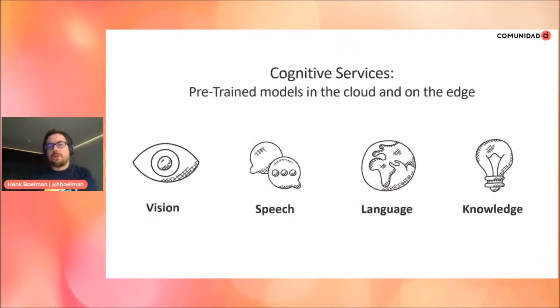So, cognitive services. I already touched a little bit on them, but they are pre-trained models in the cloud and on the edge, meaning that you can create an endpoint in Azure and send your data through that. But for some scenarios, you don't want to do that and want to run them locally on your devices.